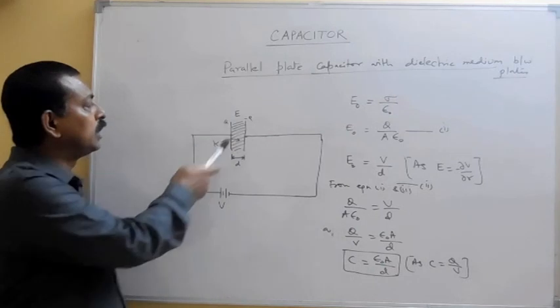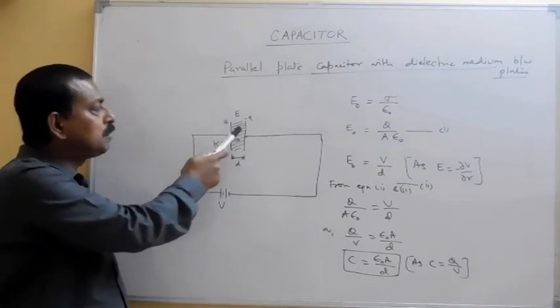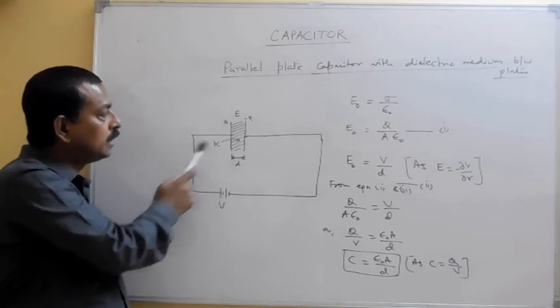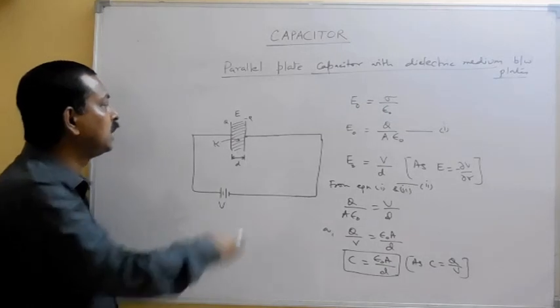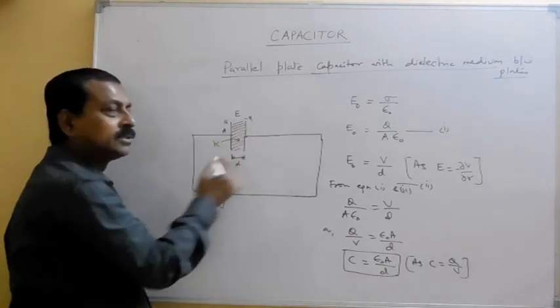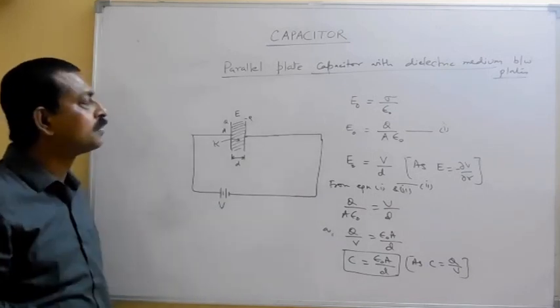For that, we have the two plates of the capacitor. Between the plates, we have a dielectric medium of dielectric constant K. A, as usual, is the plate area and d is the plate separation. This is connected across a potential difference V.